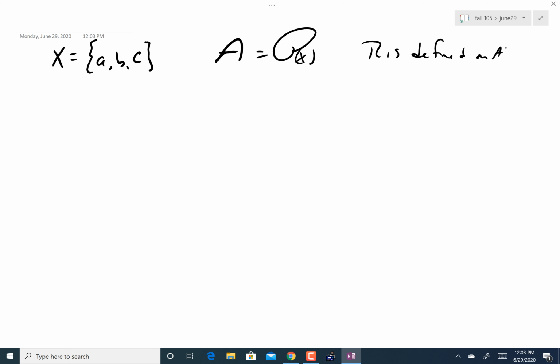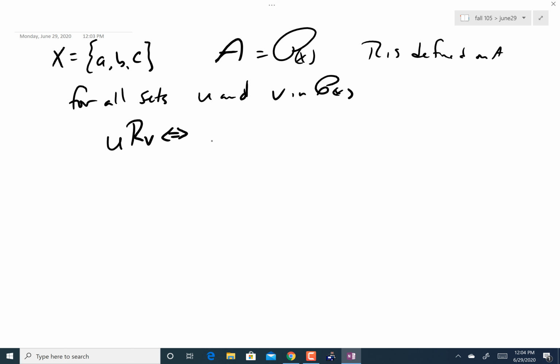R is defined as follows. For all sets U and V in the power set, U R V is defined such that the number of elements in U is equal to the number of elements in V. Nice.